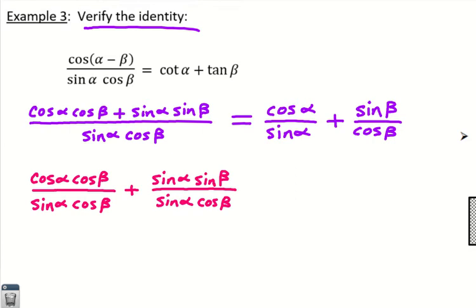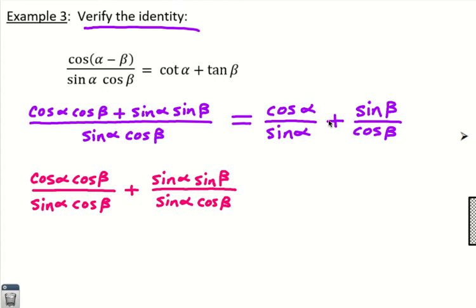I probably emphasized both options, but what I did here was work with the left side, even though you're probably more likely to look at the right side and say, I can add these fractions together as long as I rewrite each fraction so they have the same denominator. You totally could do that.